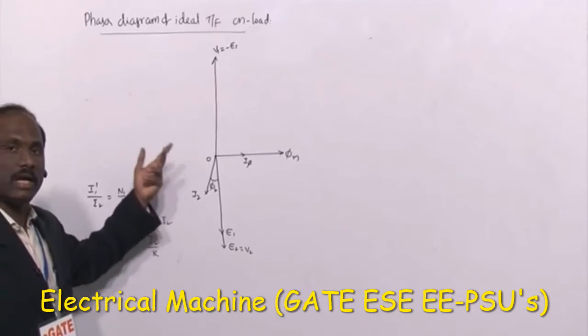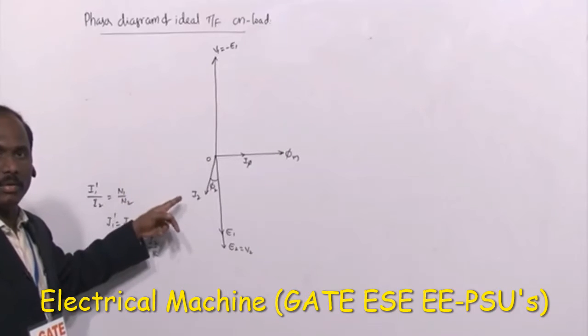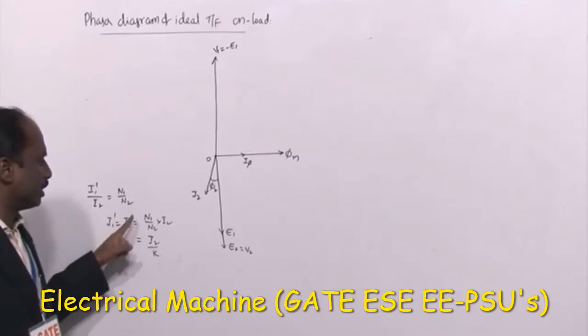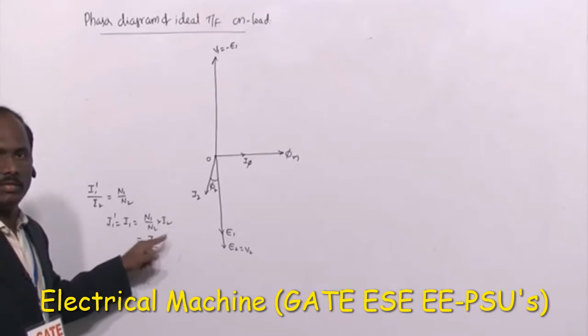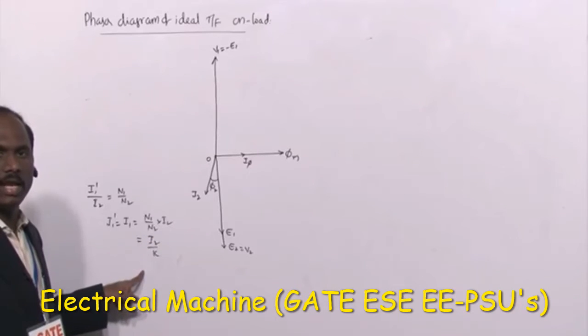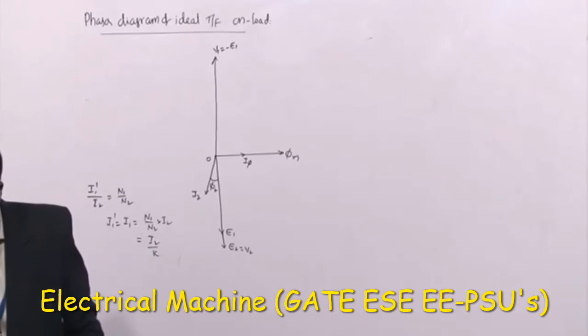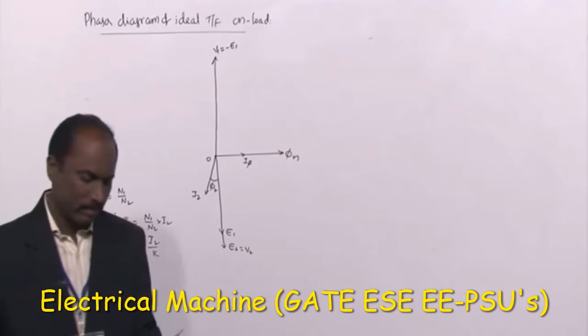What is the extra component of the current on the primary side because of this? That is nothing but I1 dash, which is N1 by N2 into I2, which is I2 by K.